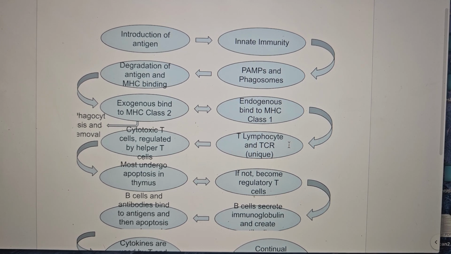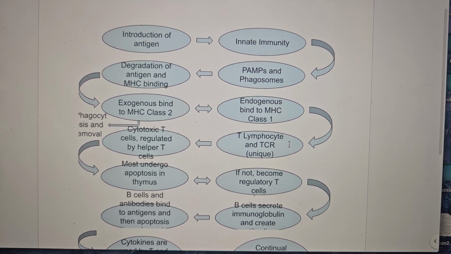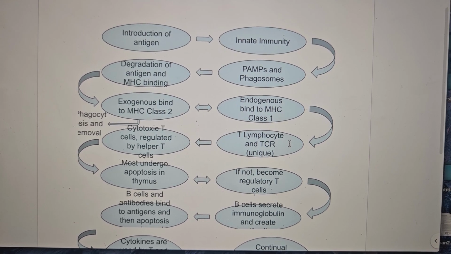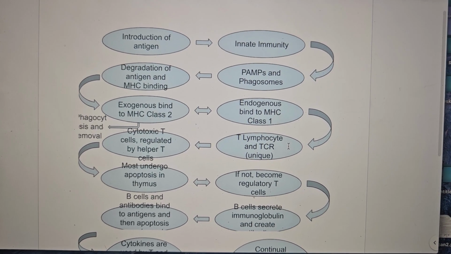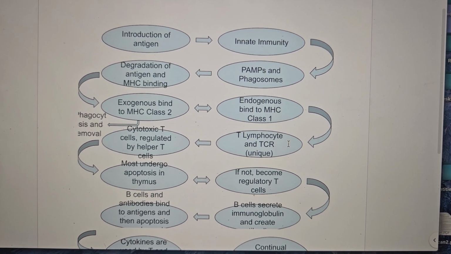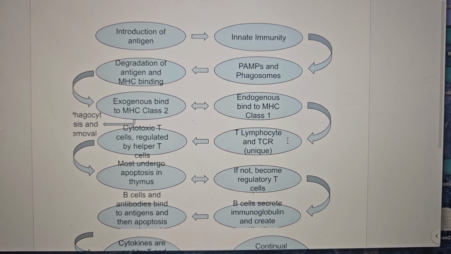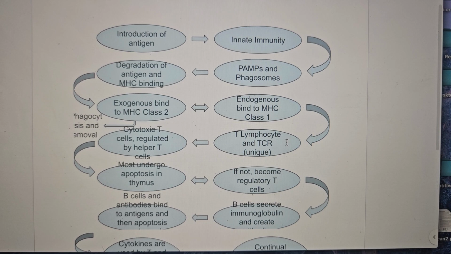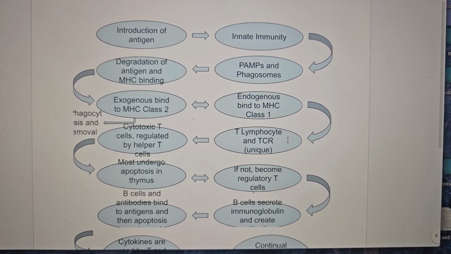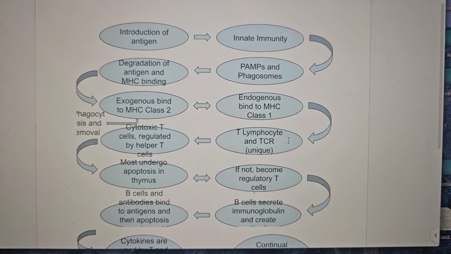Then the endogenous microbials, which is the reaction that we talked about that happens inside the cell, like viruses, anything that's been attached to the cell, goes through and is then endogenous, and is bound to MHC class 1.